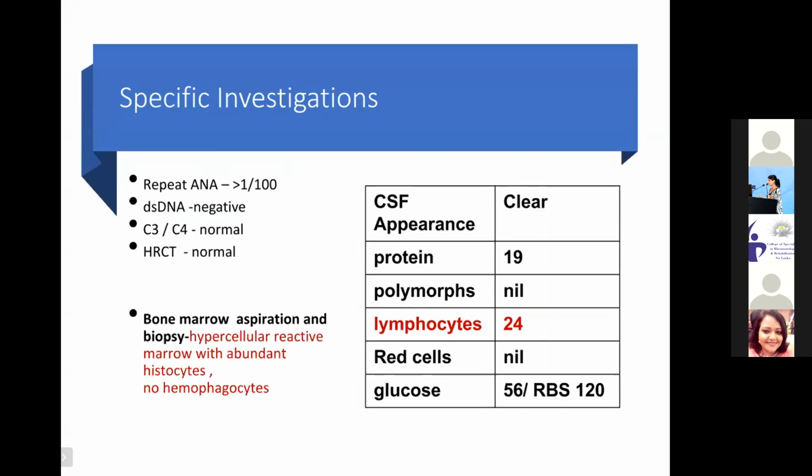We arranged some specific investigations for her, and the CSF study showed aseptic meningitis, repeated ANA was still high, and the bone marrow aspiration and biopsy showed hypercellular reactive marrow with abundant histiocytes and without any features suggestive of hemophagocytosis.